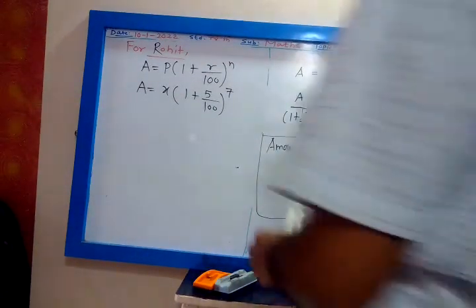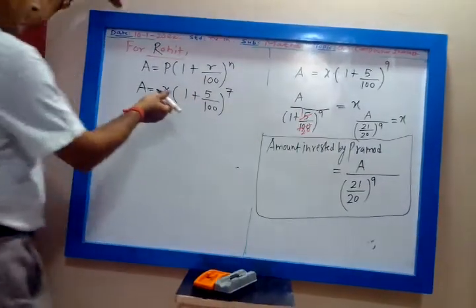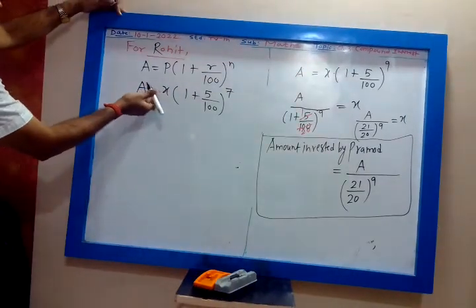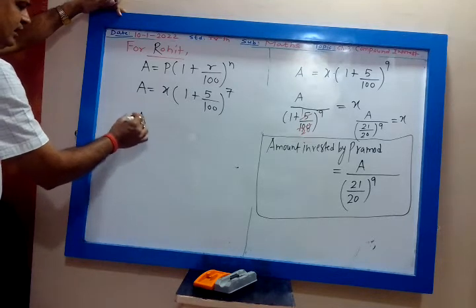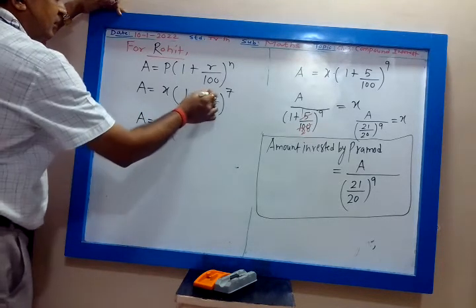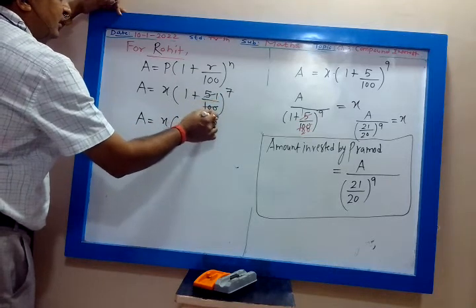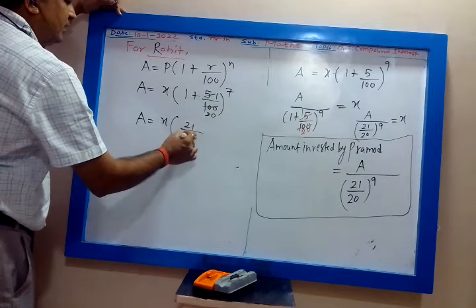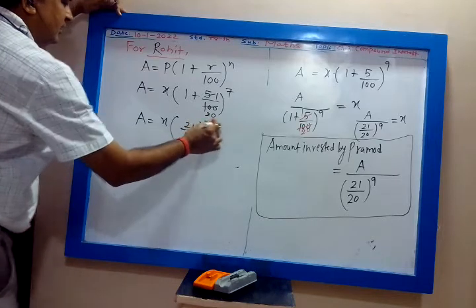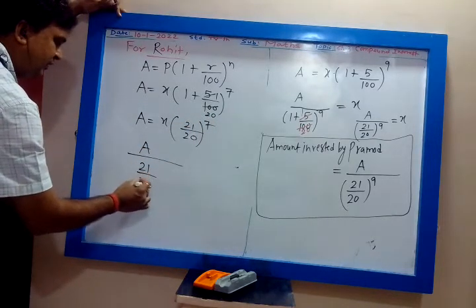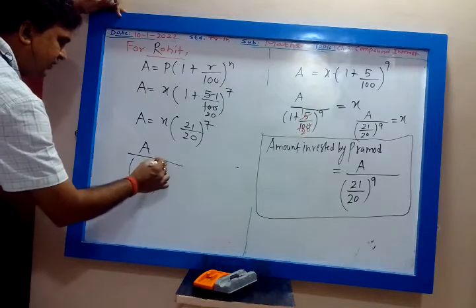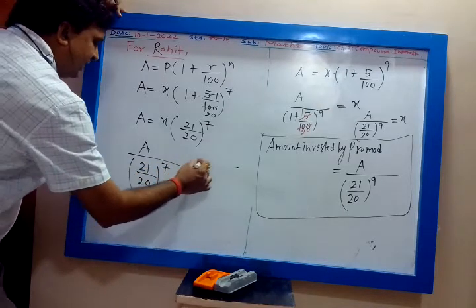Now I will eliminate X from this. So A upon (21 by 20) raised to 7 is X.